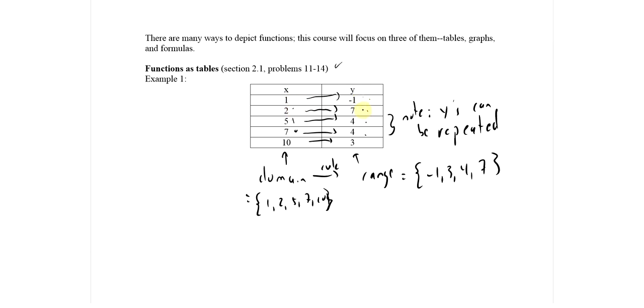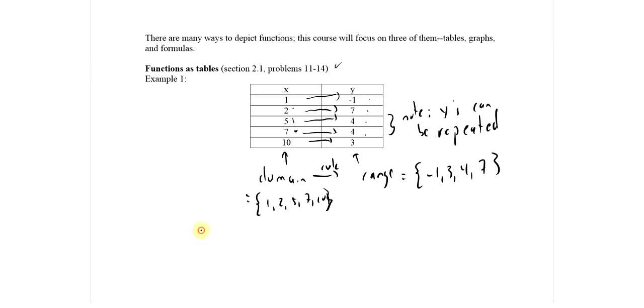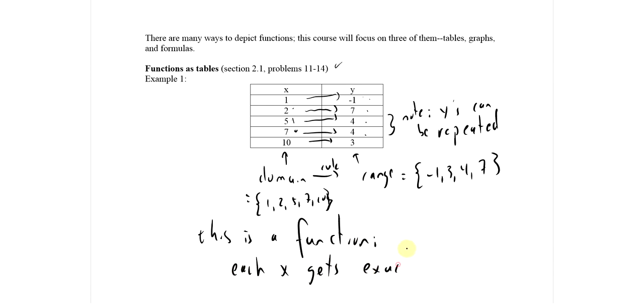X equals 2 gets exactly 1 y. So this is a function. Each x gets exactly 1 y. Each y can get more than 1 x, but that's okay.